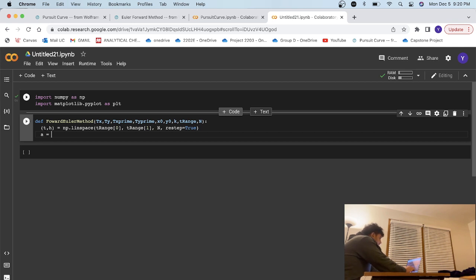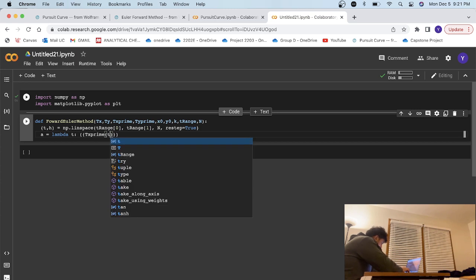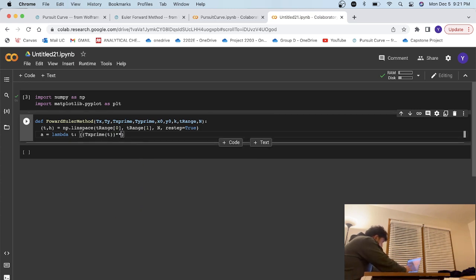So let's write a function for the speed of the target. We're going to define it as a function of t. That's what this lambda means. We're going to define tx prime as the speed of the target in the x direction. We're taking in the value of t, we're going to square it, and we're going to add it.